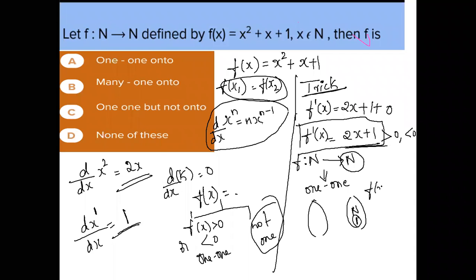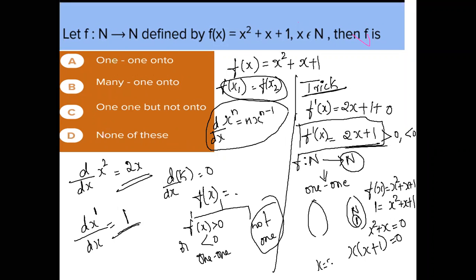So your f of x is x square plus x plus 1. I should get the answer as 1. Check whether there is any natural number that gives the answer 1. So x square plus x is equal to 0, that is x into x plus 1 is equal to 0.